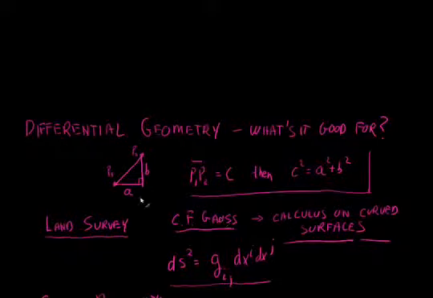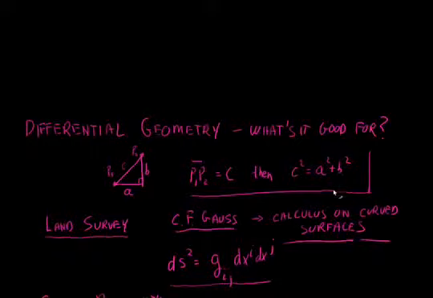It's based on the idea of the distance between 2 points in Euclidean geometry. If you have 2 points separated by some distance c over here, and the sides of the right angle are A and B, then the distance between the 2 points P1 to P2 is given by the Pythagorean theorem.